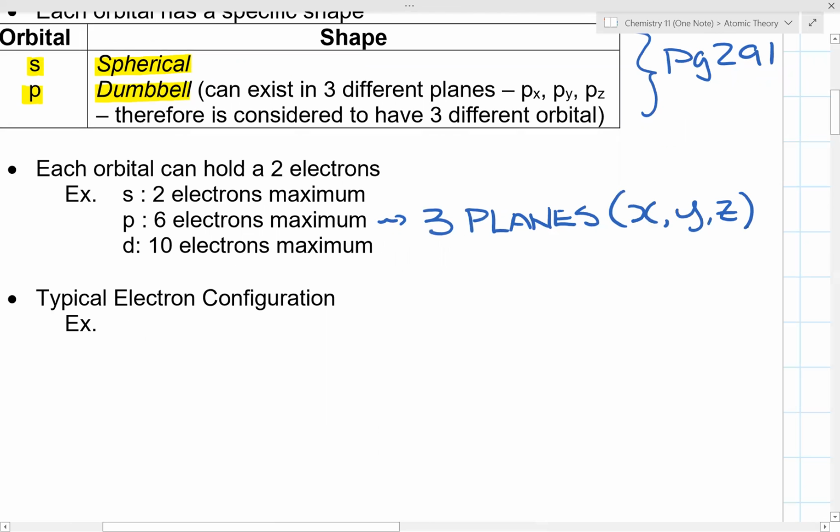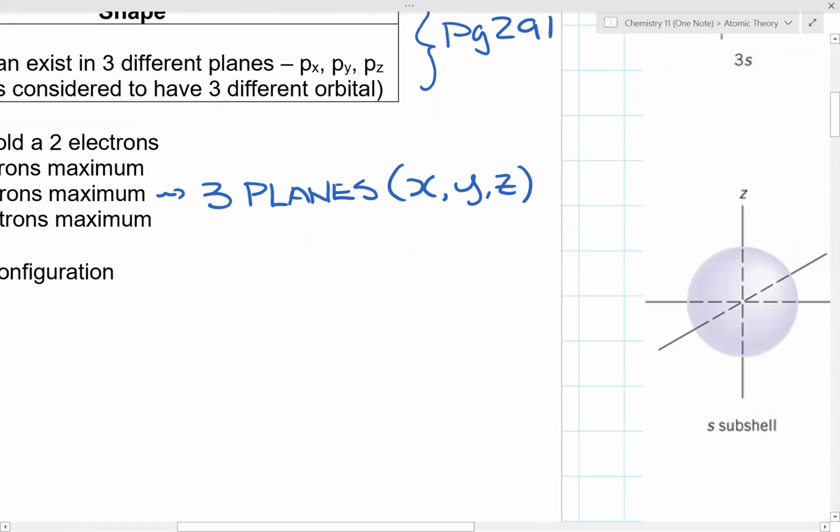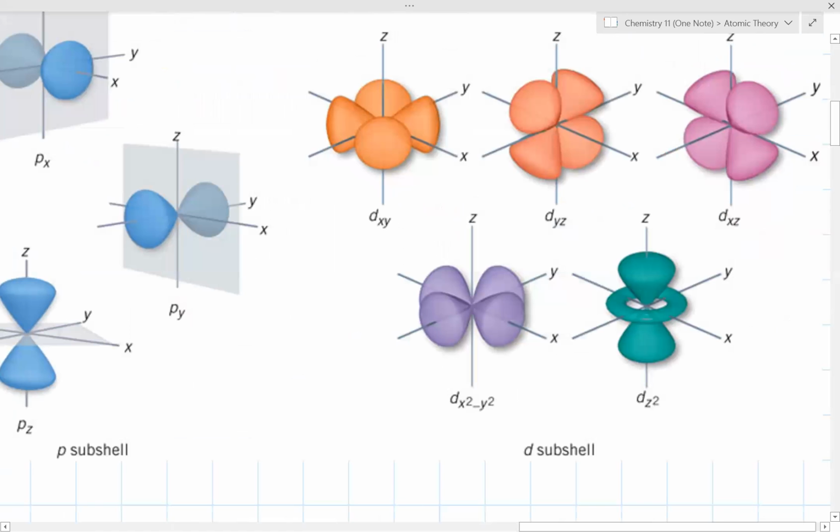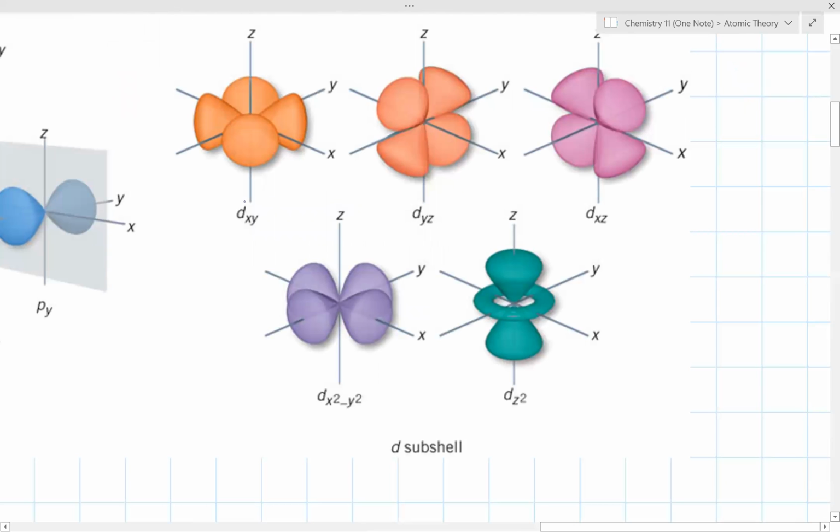And d can hold 10, because if you look at this particular diagram, you have 2 that can exist here, another 2 here, another 2 here, another 2 mathematically here, another 2 mathematically here.